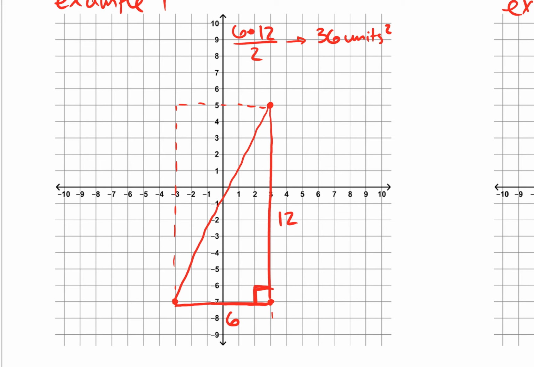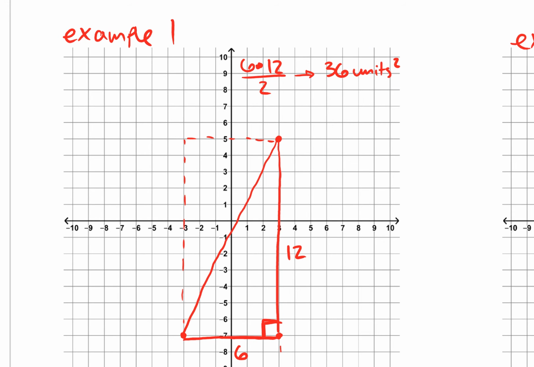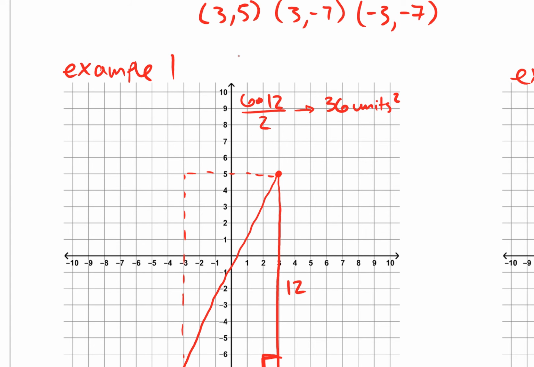Or I could go 12 divided by 2, that's 6. And then 6 times 6 is still 36. So I get the same thing either way. It's kind of a nice thing to think about, right? Why can I simplify that like that? Because there's giant ones there, and it might be helpful to think about that. In fact, I want you guys to copy this down, right?